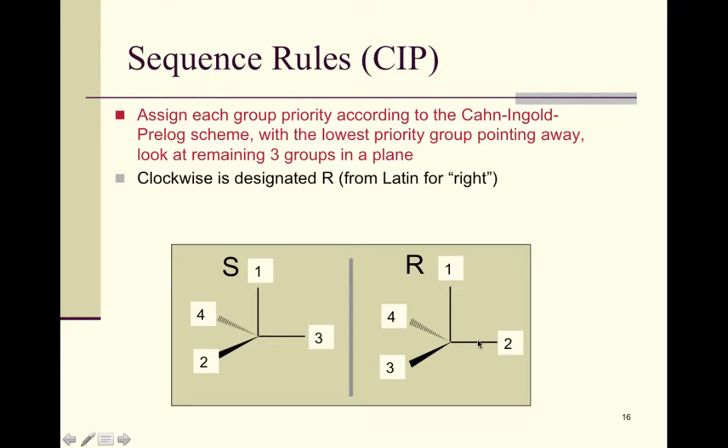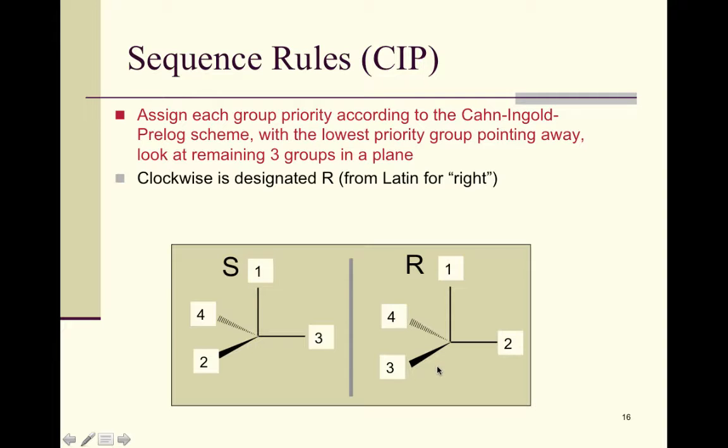And in the same plane, I would have here the second highest atomic number. Now going back behind me, holding the lowest priority away from me, you can see I have number 4. So that would be the lowest priority. And let's say you had a hydrogen on your molecule. That would be hydrogen, for example. And then I have number 3 here. In some slides to come, we're going to be practicing looking at priority.